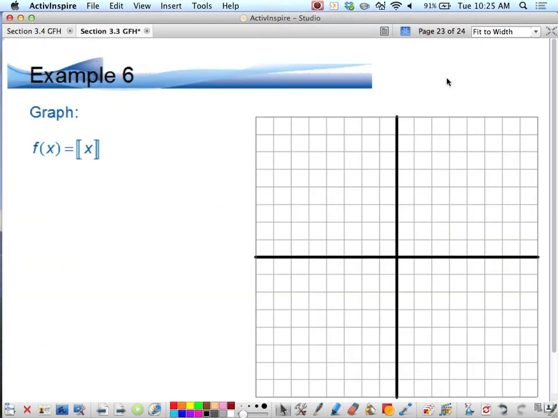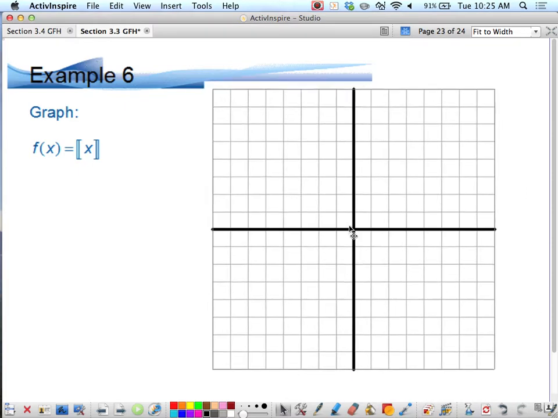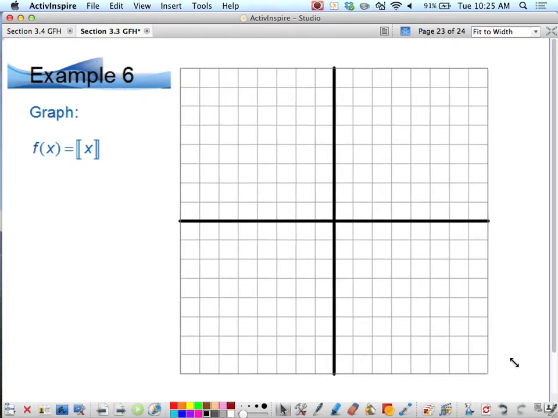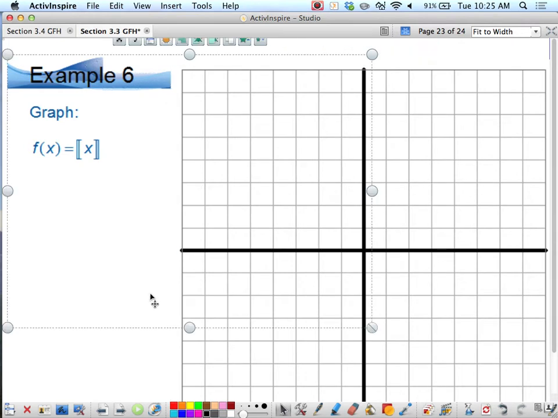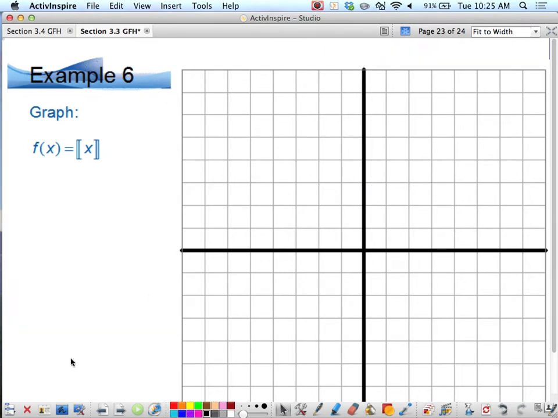So let's take a look at what the graph of the greatest integer of x looks like. I'm going to make this as big as I can so that we can see it a little better. First off, let's talk about what we know. If I put 0 for x, what does it give me? 0.